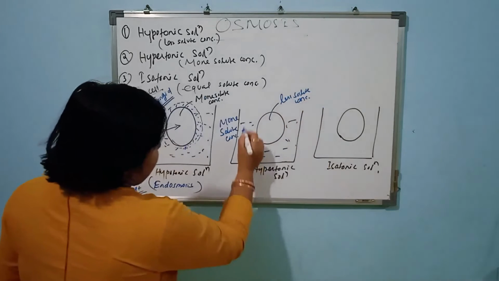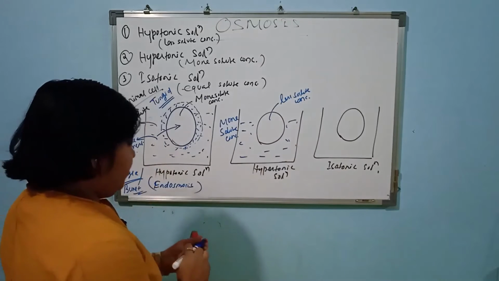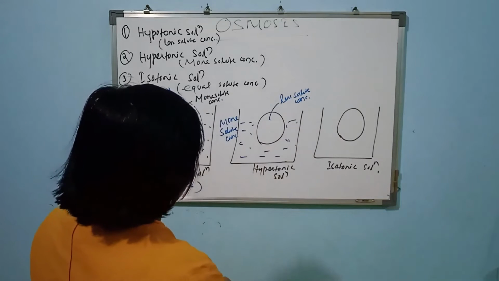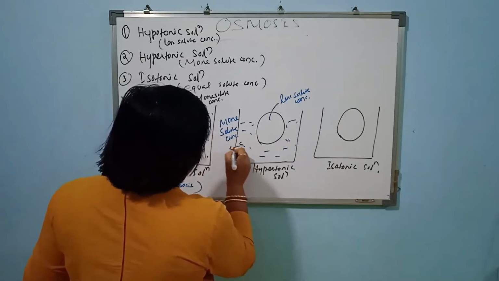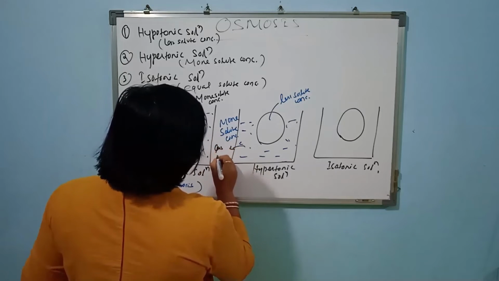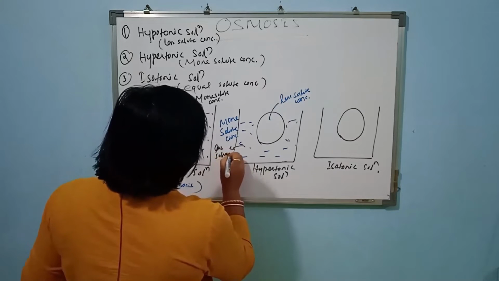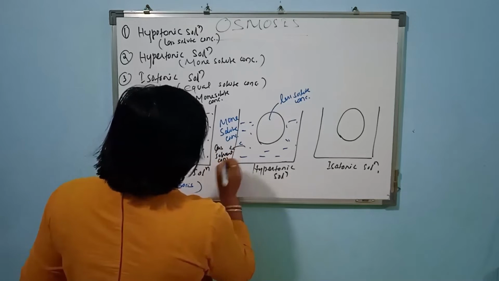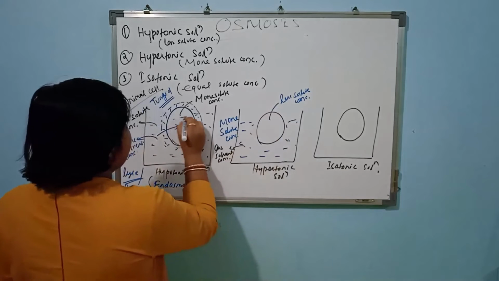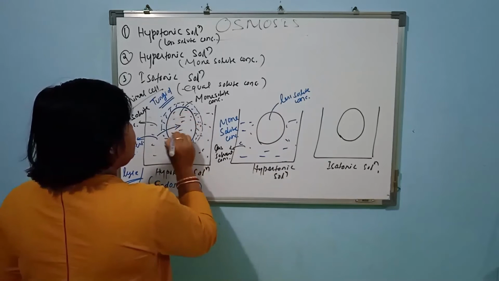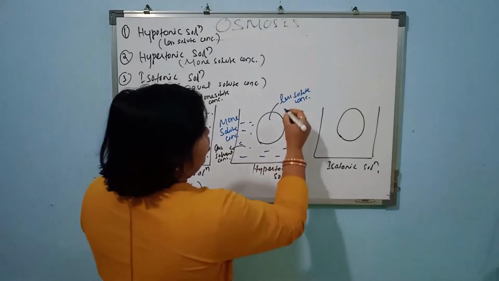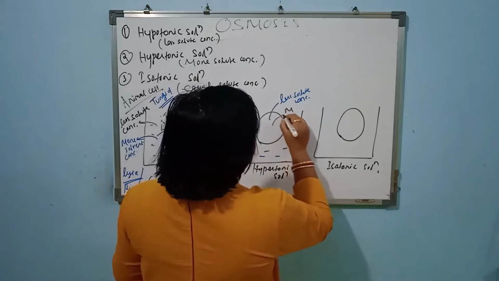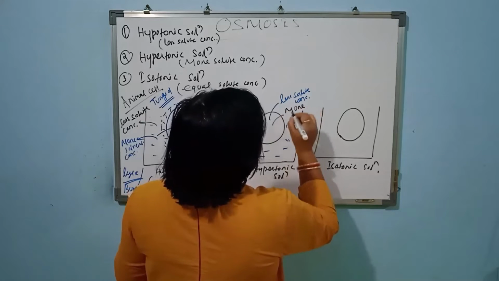It means this outside solution has more solute concentration and less solvent concentration compared to this cell sap. So in this case also the osmosis process will occur, and here you will find more solvent concentration in the cell sap.